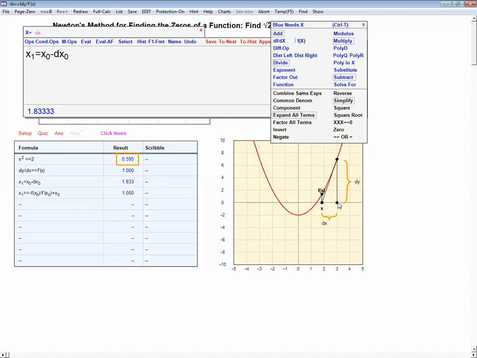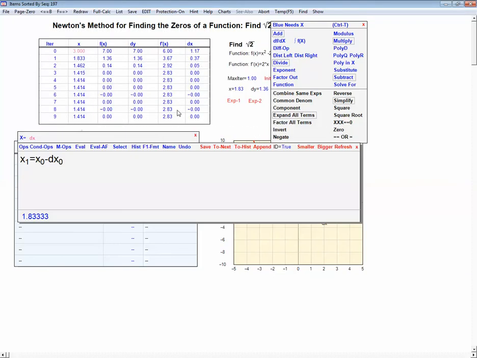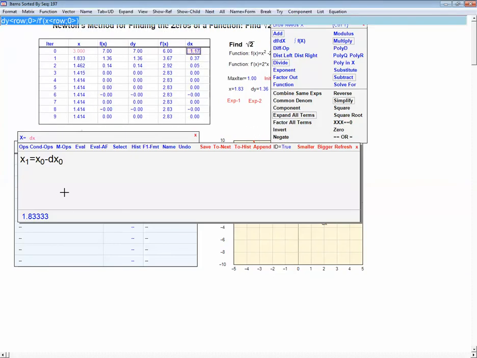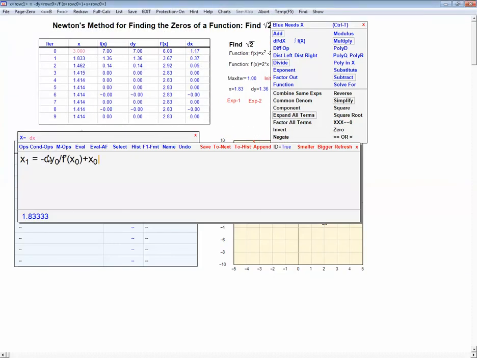That's this point back here. I subtract dx sub o from it. But what's dx sub o? Dx sub o we just computed is this thing here. It's dy sub o over f prime of x sub o. And what's dy sub o? That's just f of x sub o.